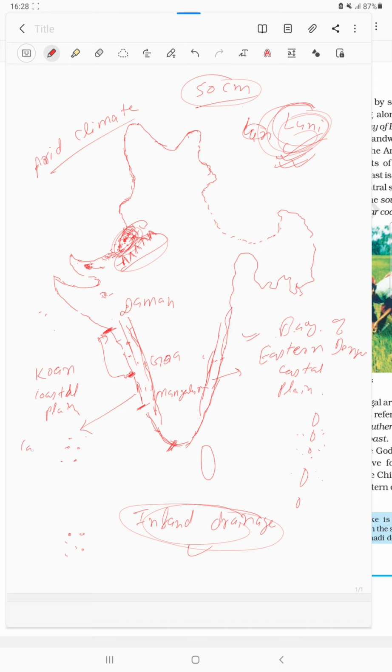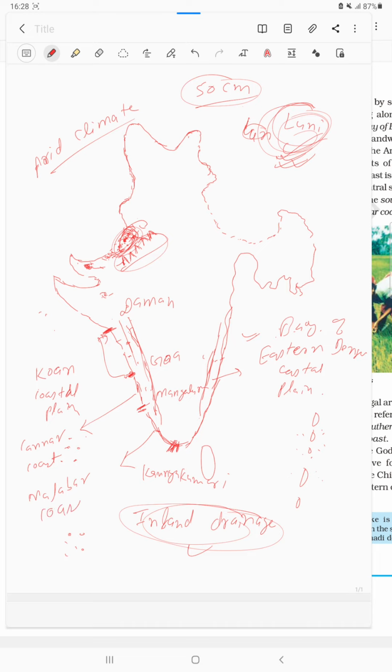Kannad coast, and Mangaluru to Kanyakumari, here is Kanyakumari, is termed the Malabar coast.